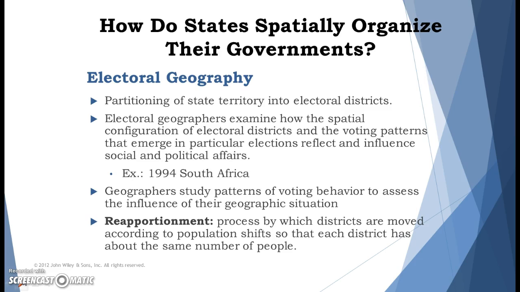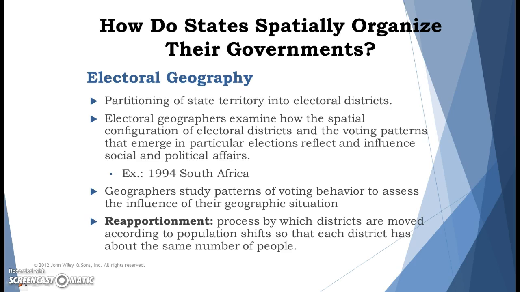All right, so the example they give is in 1994 in South Africa, and that was the year that South Africa decided to finally allow blacks to vote, and specifically to allow the African National Congress to run. So they had to reconfigure all of their electoral districts to account for it, right?